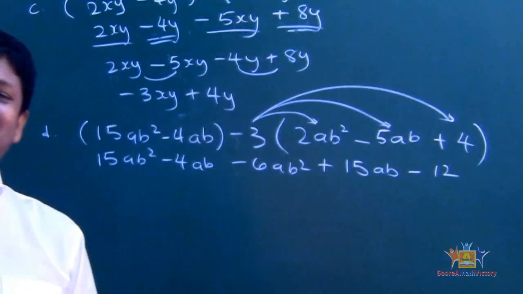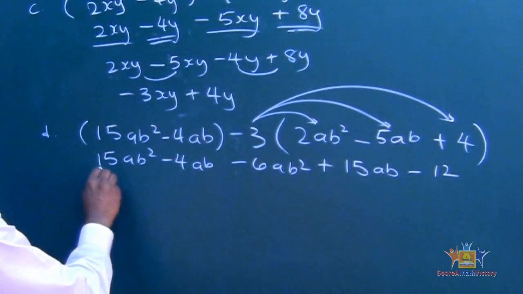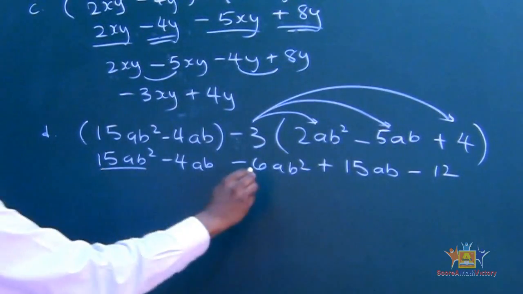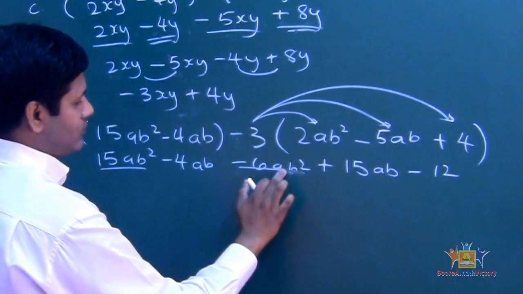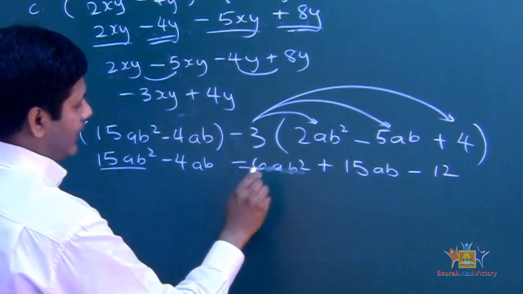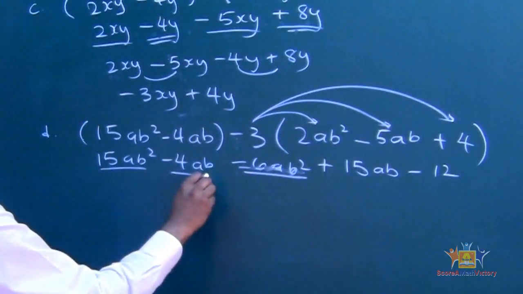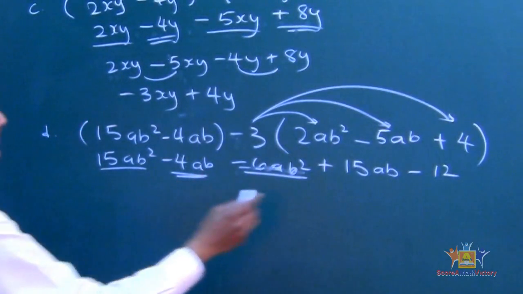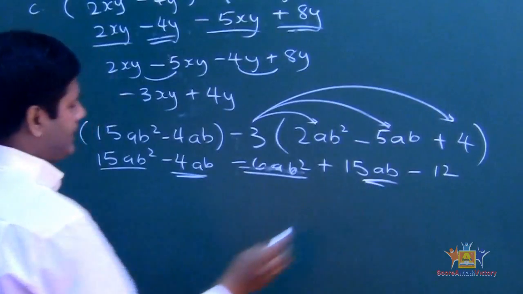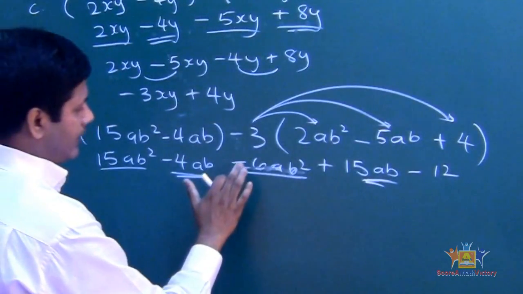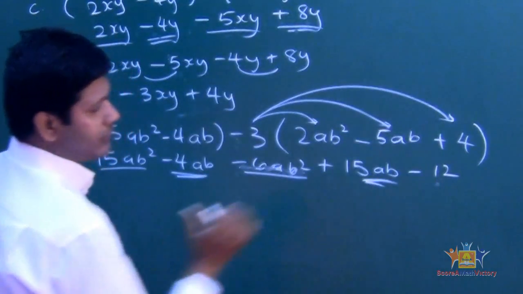We're going to group them by the like terms. Let's look for the ones with ab squared, and this one, negative 4ab, and the 15ab right there. Of course, this one's by itself.